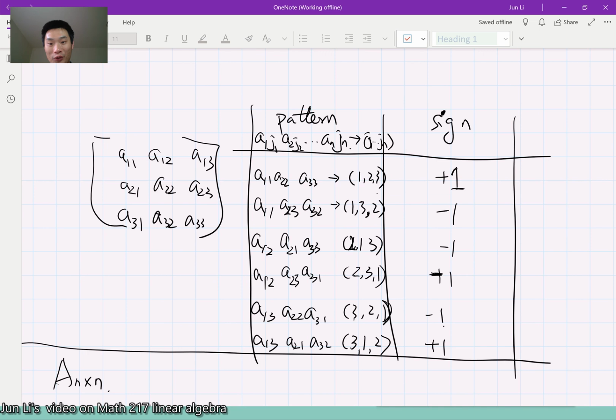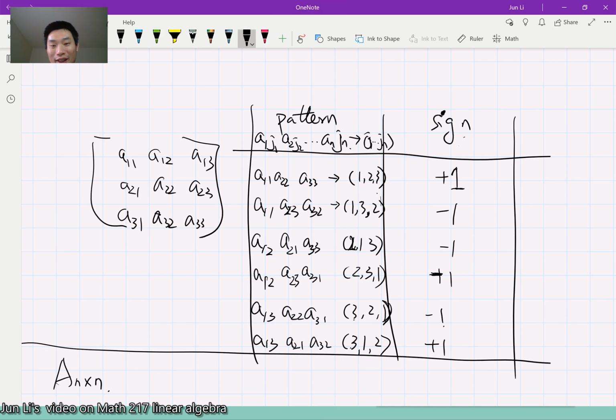The next thing we have to do is the sign. How do we assign a plus or minus to these patterns? Basically, we have a concept called inversion. We look at the pairwise orders in the reordered sequence. For 1, 2, 3, there is no inversion, and the sign is -1 to the power of 0.